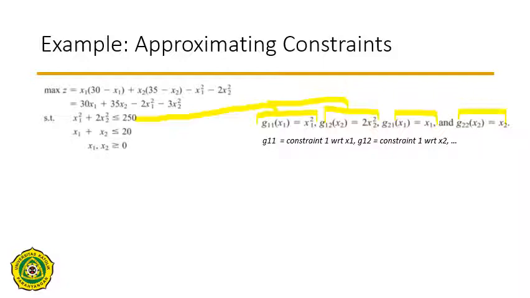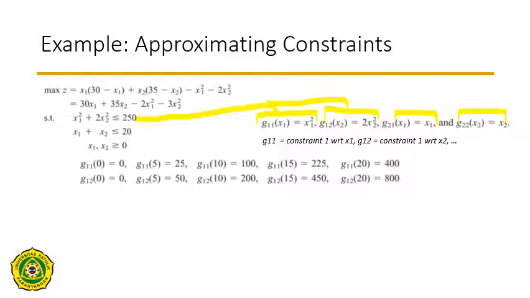So now we plug in our grid points to each of these functions. So for the first constraint, we have this one. For the first constraint with respect to x1, you plug in all the grid points to the function g11. So the function is x1 squared.